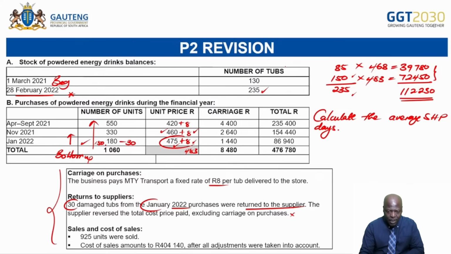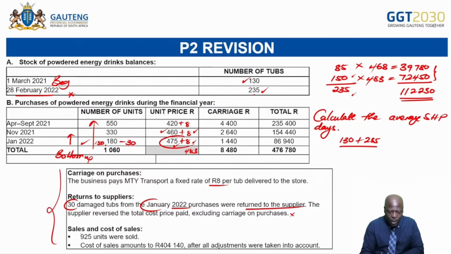If you're going to use your units, you're going to say opening stock in units, that's your 130, and your closing stock in units, that's your 235. Okay, 235. And then you say over your cost of sales.